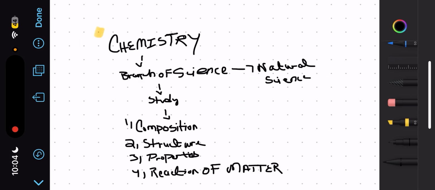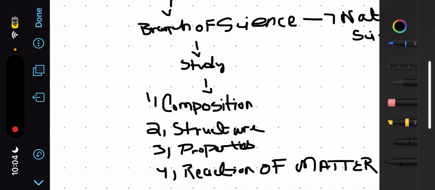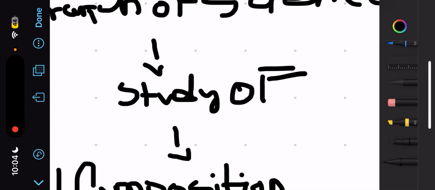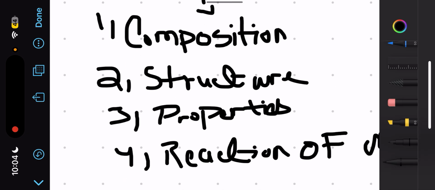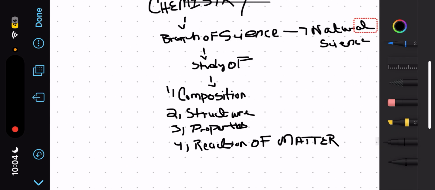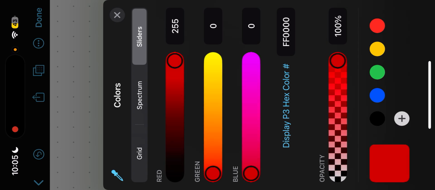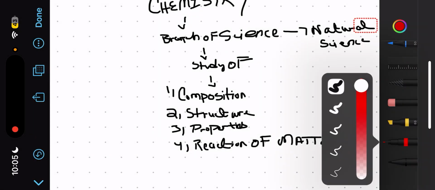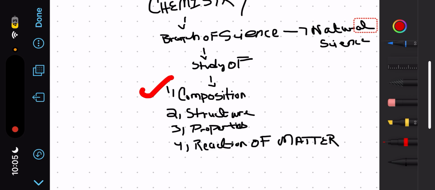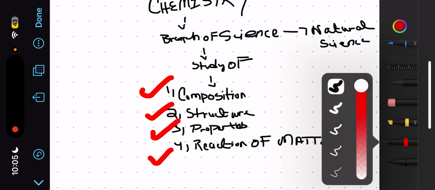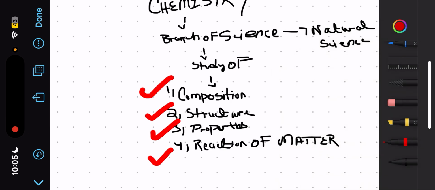It is the study of composition, structure, properties, and reaction of matter. We will be discussing what these four are in this video.